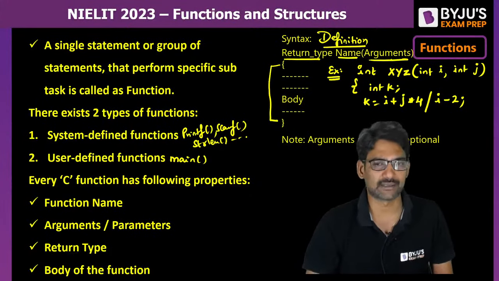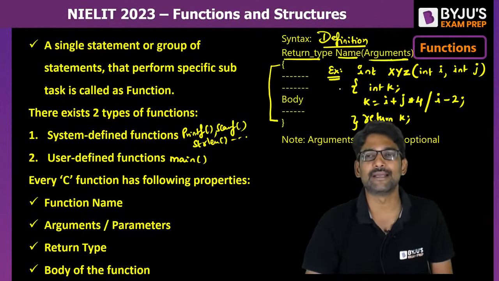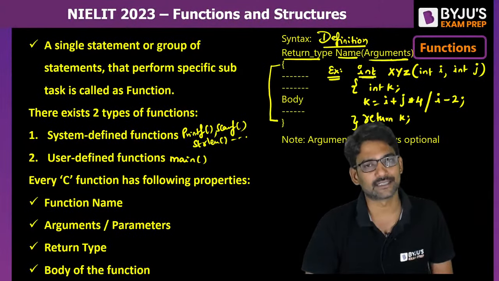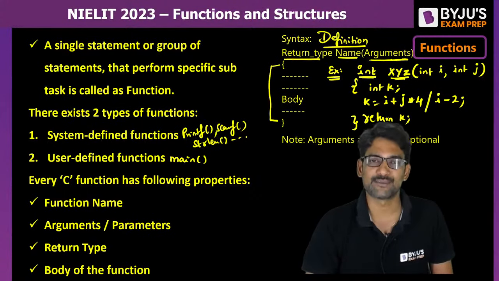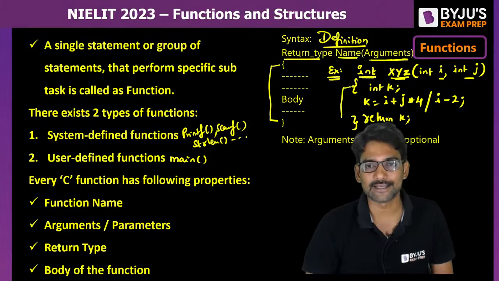Some statements I am writing. Return k. So you can relate: int is the return type, xyz is the name of the function, i, j are arguments of the function, and these three lines are the body of the function.